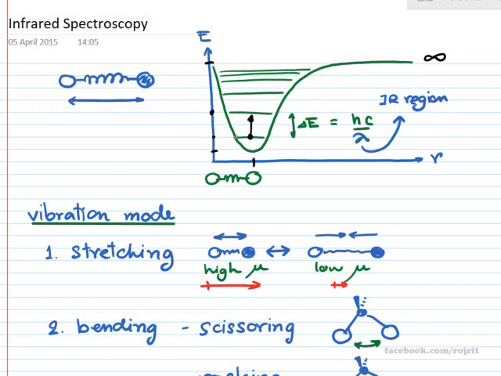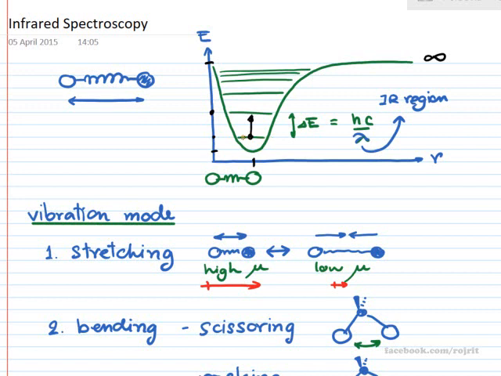Vibration as well. Two atoms vibrating, like stretching and squeezing, is not at any frequency, right? It has to vibrate at a specific frequency, a specific energy level. It is quantized. So let's say this is the ground state of the vibration, right? It stretches, squeezes, stretches, and squeezes.